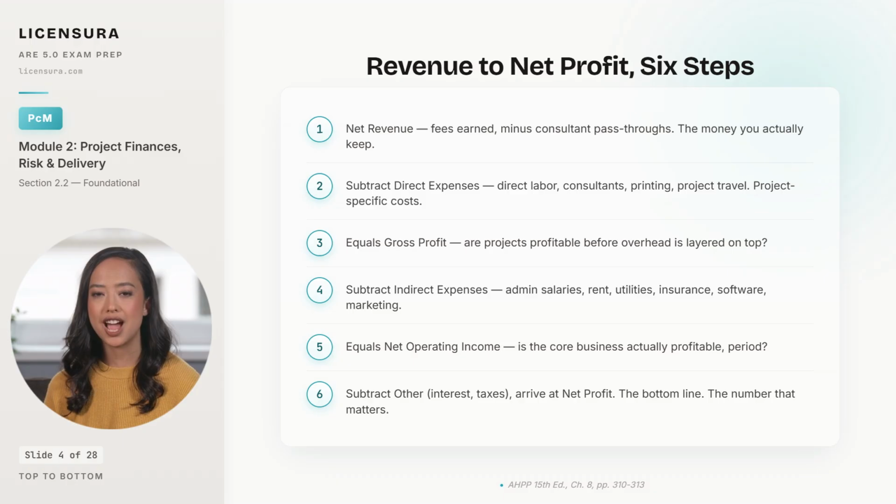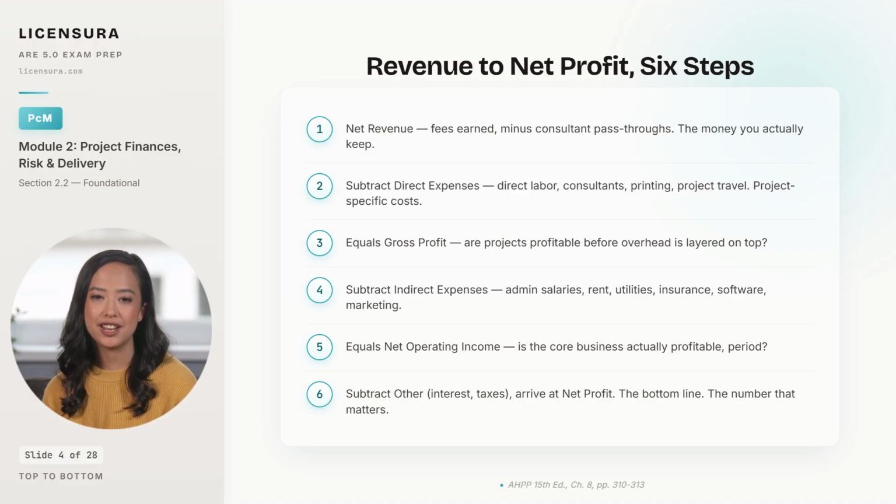Step 2 subtracts direct expenses: direct labor for billable project hours, consultants whose work was project-specific, printing, and project travel, the costs tied directly to producing the work. Step 3 gives you gross profit, the answer to the question of whether the projects themselves are profitable before you layer overhead on top, and if gross profit is unhealthy, no amount of overhead control will save the firm.